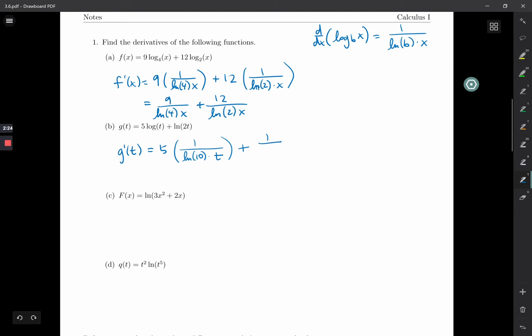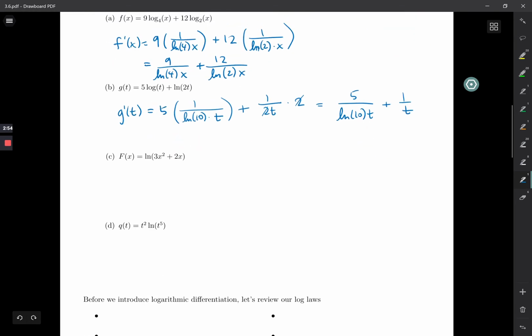So in this case, the derivative of the outside function is 1 over the inside function, which was 2t, times the derivative of the inside function, and the derivative of 2t is just 2. So that's going to be our answer. And these 2's cancel, so you could rewrite this like so, and that would be your answer.